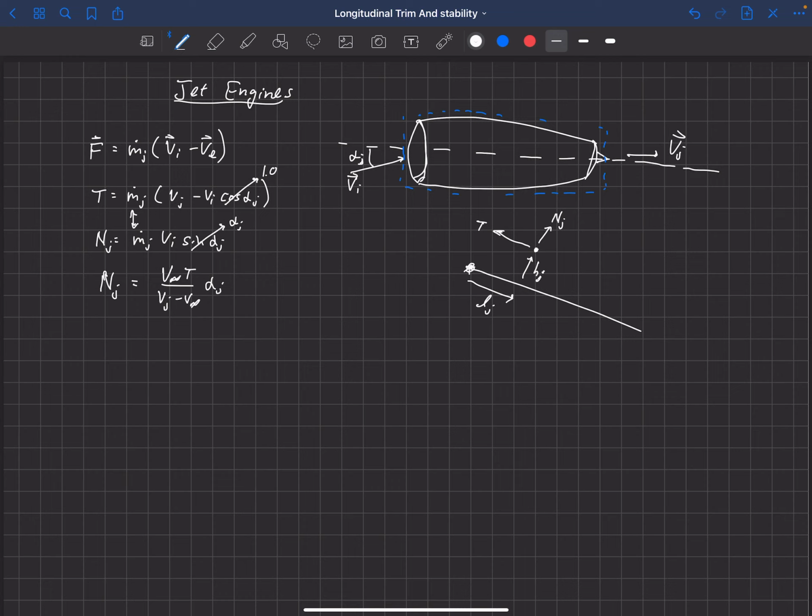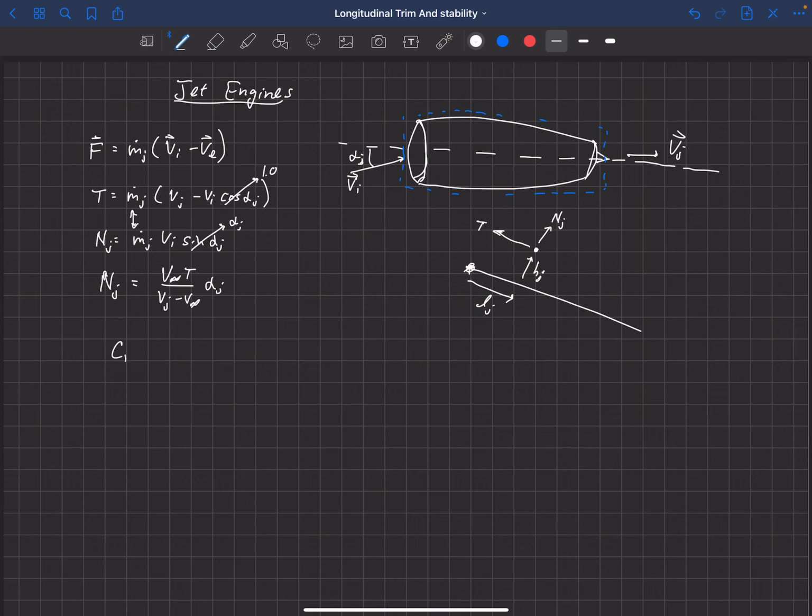And now we can simply do a moment, figure out what the pitching moment is about the center of gravity due to the existence of this engine. The first term is going to be the thrust multiplied by this height, and the second term is going to be the normal force multiplied by this length. And if all these terms are positive, both will create a negative pitching moment.